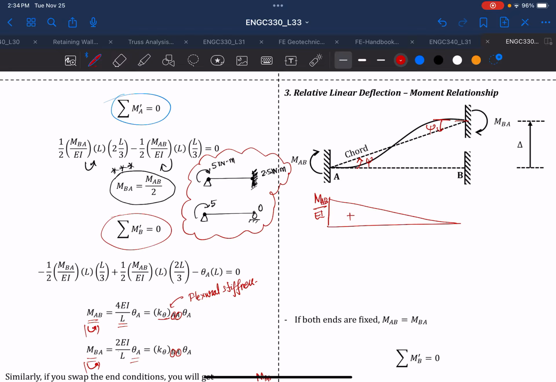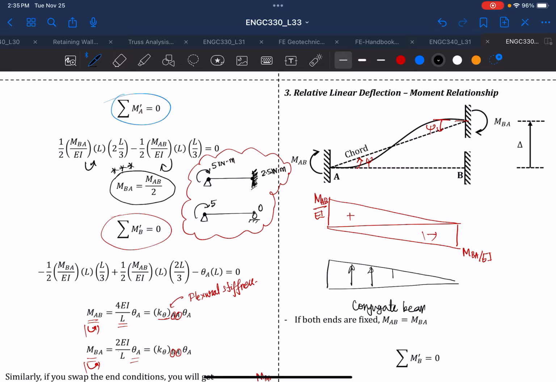And then for simply supported with just MBA, it will create a negative bending moment, and that will be MBA over EI. And if we use the concept of conjugate beam, it will be just free end at both ends, because in conjugate, if it is fixed in the actual beam, then it will be free in the conjugate beam. So this will be your conjugate beam, and the load distributed over the conjugate beam will be the M over EI diagram.